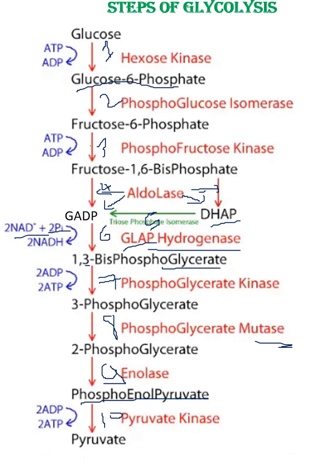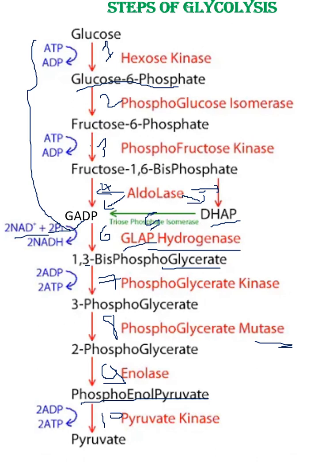So altogether it is a 10-step process. The first 5 steps, 1 to 5, comprise the preparatory phase, which takes 1 molecule of glucose and produces 2 molecules of GADP. This will cost 2 ATP.